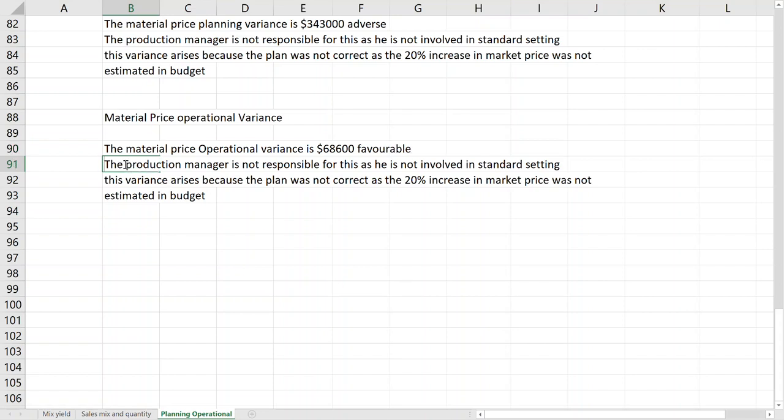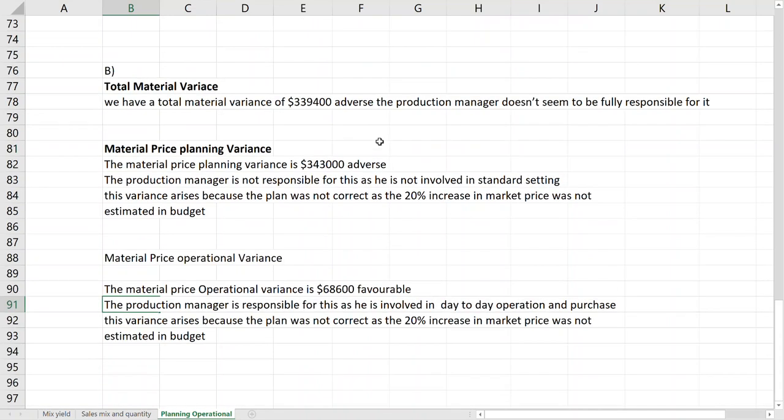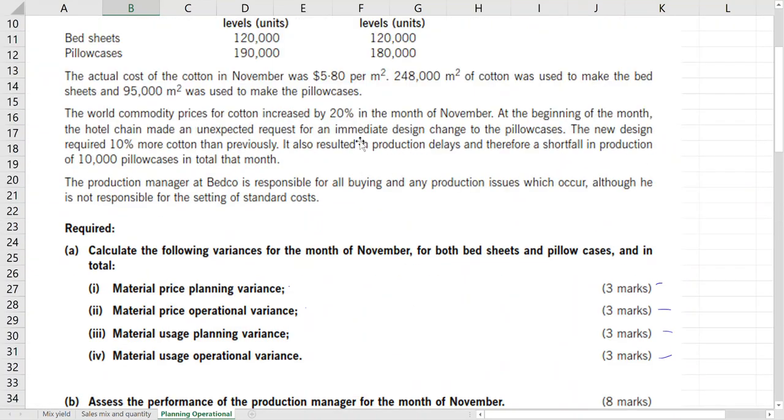The production manager is responsible for this. Remove the not, as he is involved in day-to-day operations and purchase. Specifically, he is involved in purchasing, if you see here, for all buying and any production issues which occur, although he is not responsible for it.